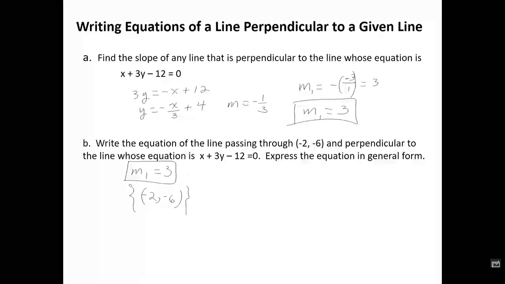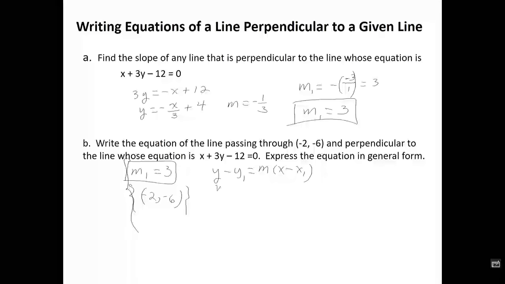So we're going to use this information to find the equation of the line. And again, we're going to use the point-slope form.